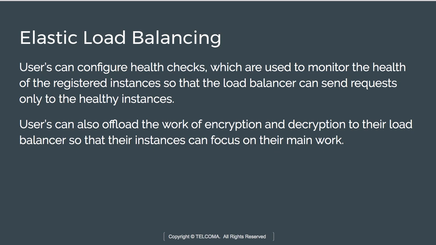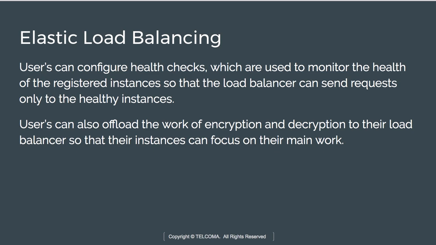We have several types of load balancers for handling different connections, including internet-facing, internal-facing, and load balancers that support encrypted connections. Internet-facing load balancers take requests from clients over the internet and distribute them over the EC2 instances.